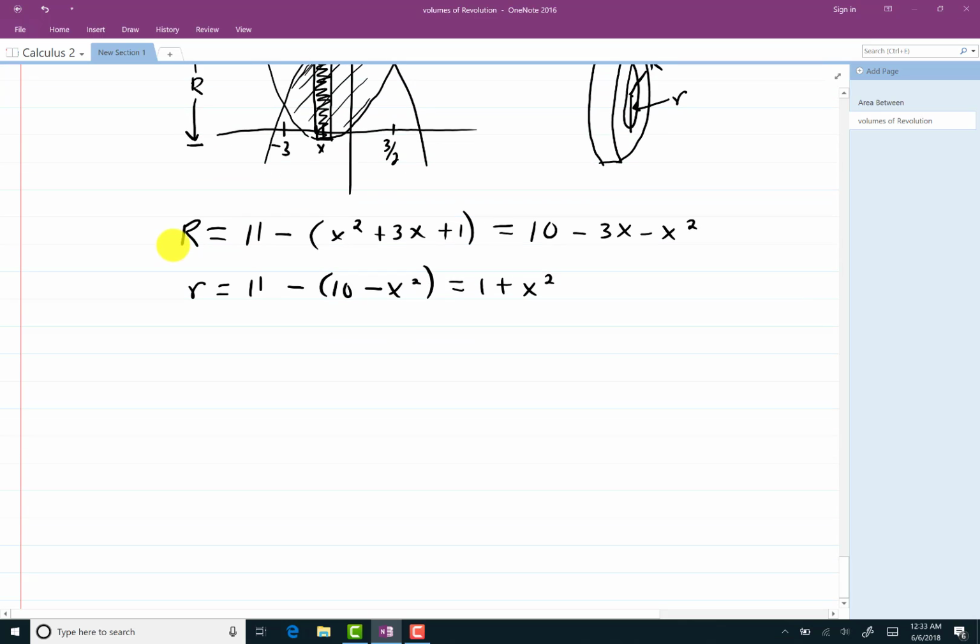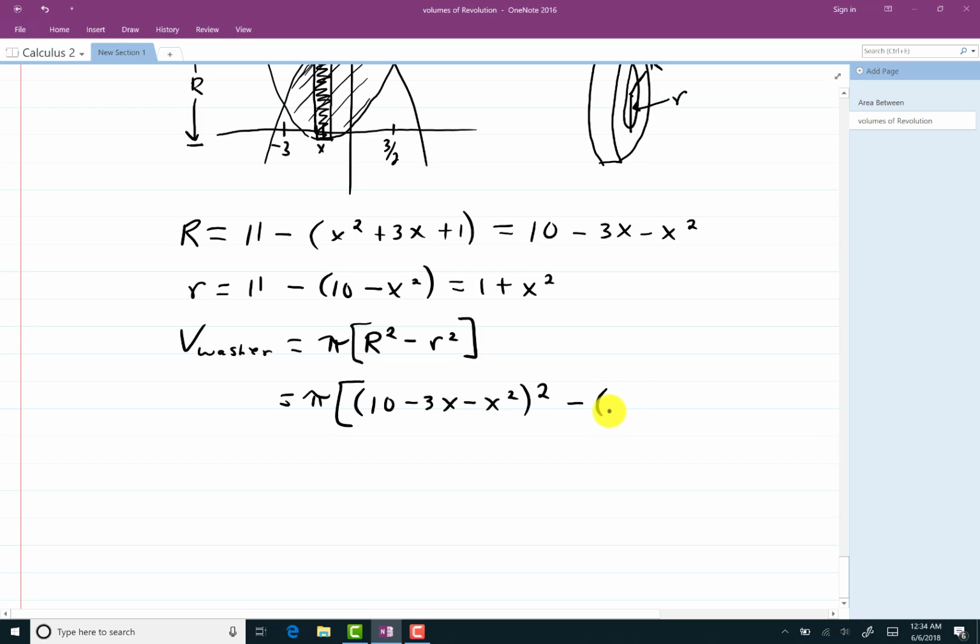So the volume of a disk, actually let's call it a washer this time. The volume of a washer equals pi times R squared minus little r squared. That equals pi times the capital R squared, which was 10 minus 3x minus x squared, and then you're going to square that, minus 1 plus x squared, squared.